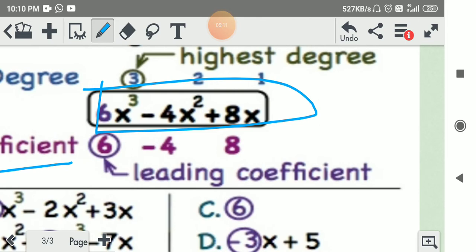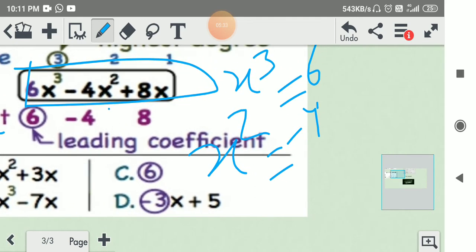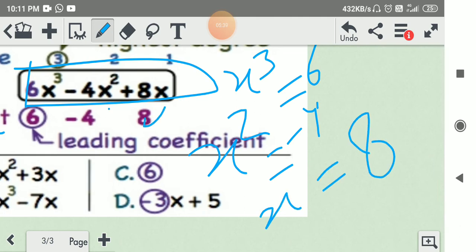Here the coefficient of x cube is 6 because 6 is multiplied by x cube. And the coefficient of x square is minus 4, and the coefficient of x is 8, because x is multiplied by 8.